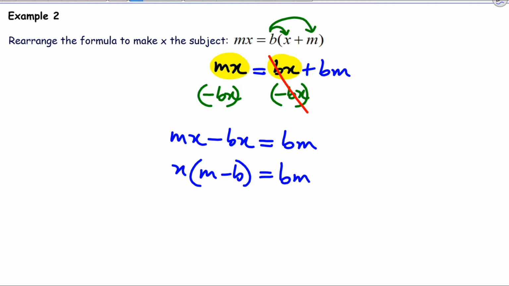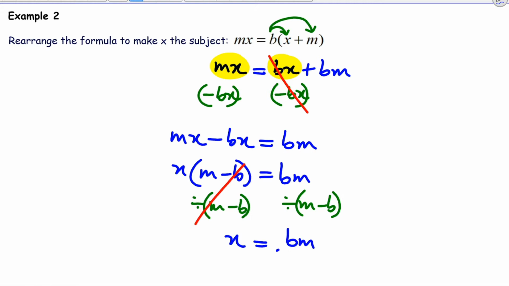And then divide each side by m minus b, because we want to be left with the x on one side. This will be equal to 1. So what we shall be left with is x equal to bm over m minus b.